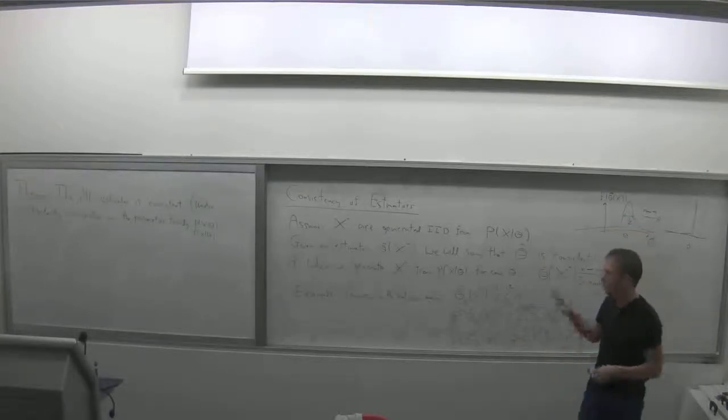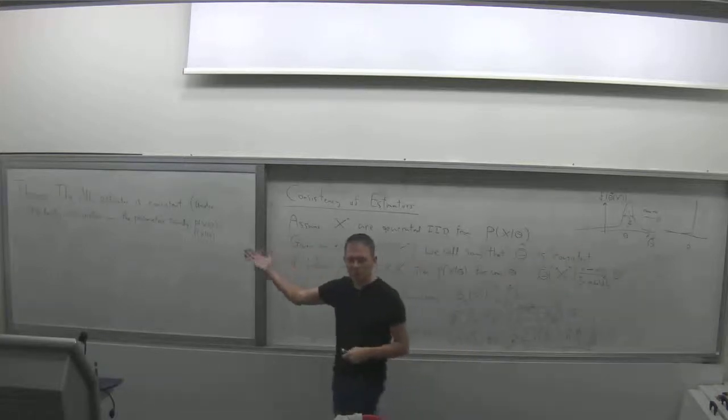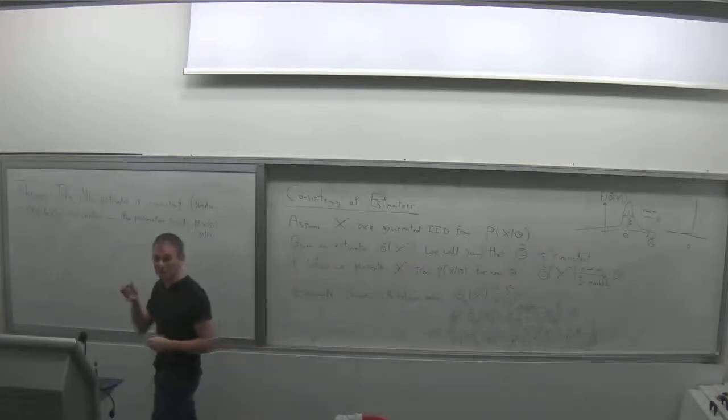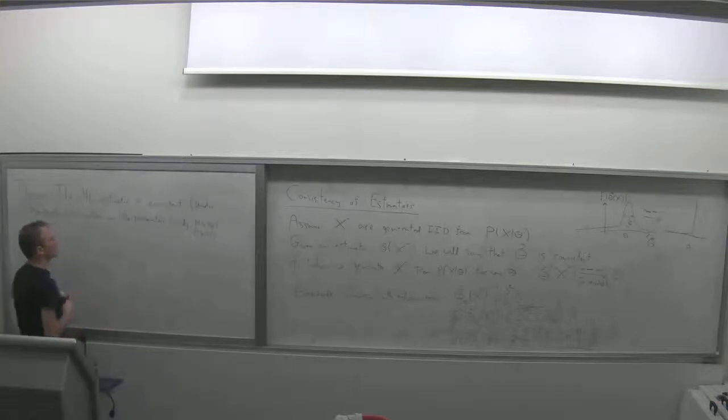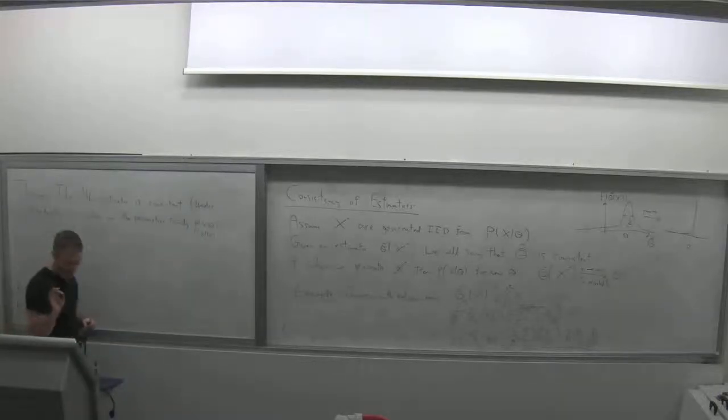This is what the theorem tells you essentially, that this is generally true, not just for that particular example. So the good news here is that this ML estimator, for most cases of interest, is consistent. It's good in the sense that if you give it enough samples, it'll nail down the correct parameter.